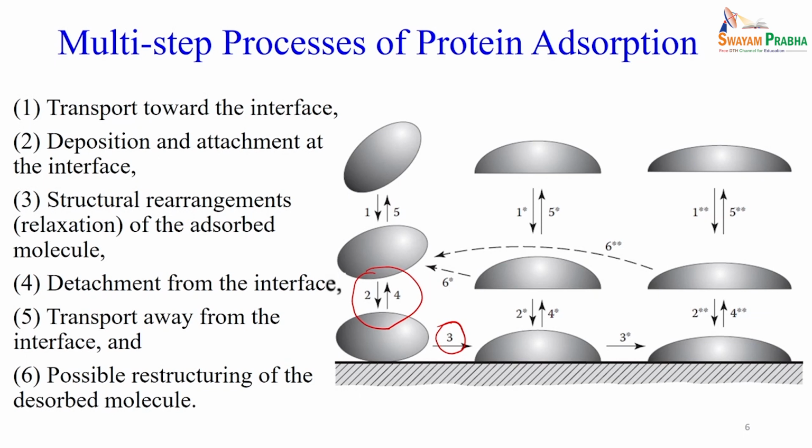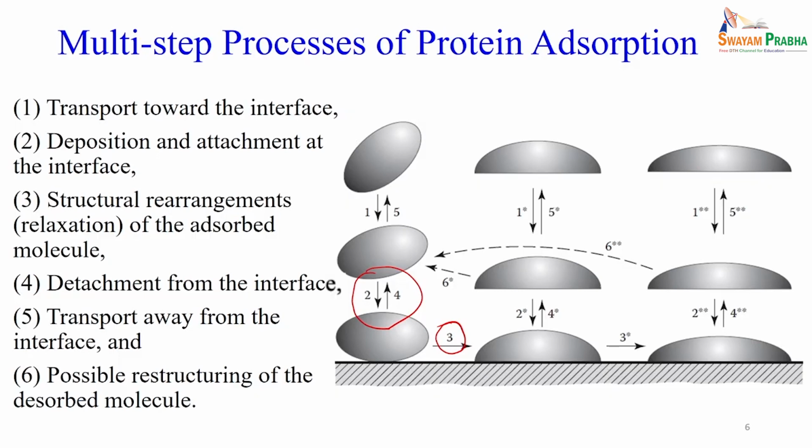Now, depending on the affinity of the protein on the surface, there can again be a partial detachment from the interface, and this detached molecule may go back to the very first step, that is the attachment or adsorption at the interface.